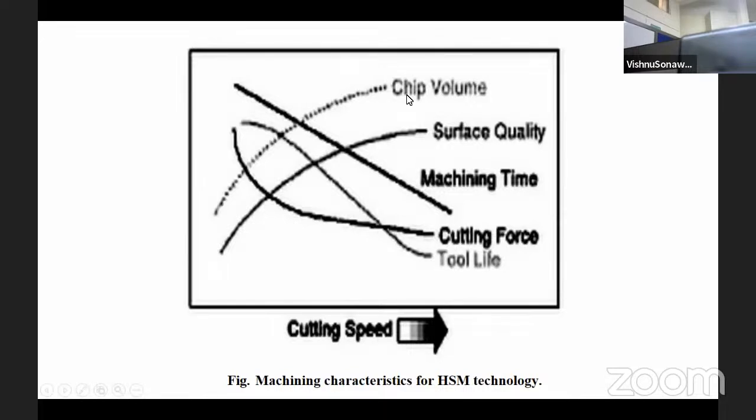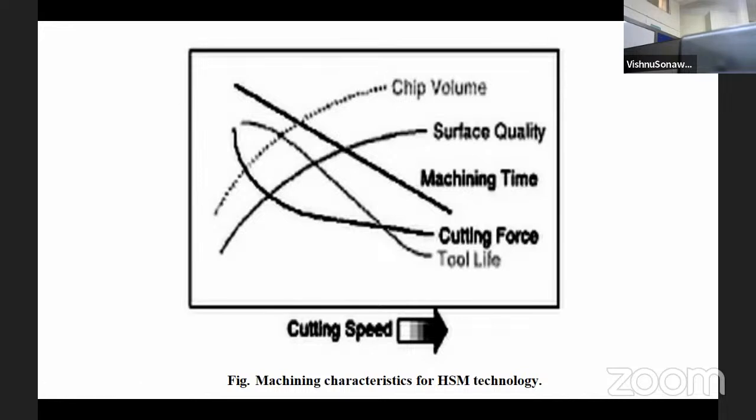More and more chip will be removed. And the surface quality, when we increase the cutting speed, will increase. We know very well that when the cutting speed decreases, the surface quality of this part is reduced, minimized.